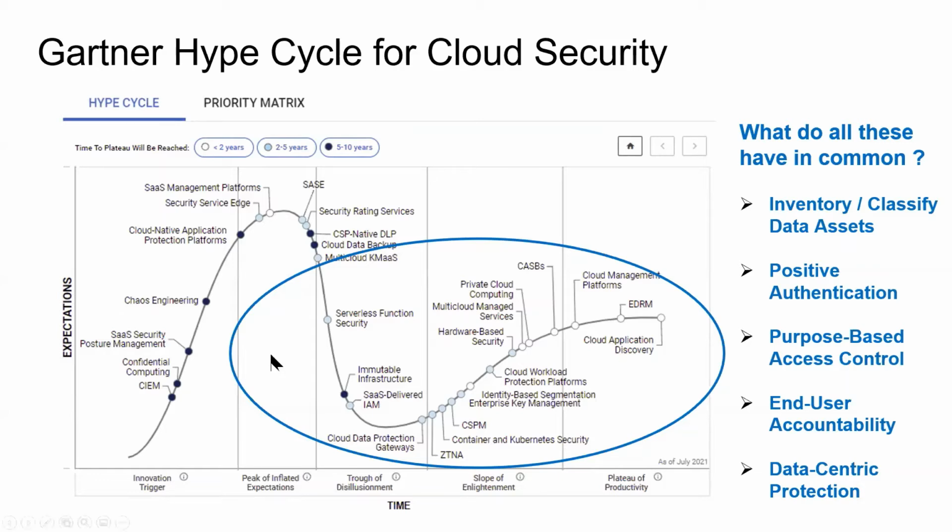You can really boil down all of these vendor products that are making it to prime time into: they're either detecting where your data is, classifying those information assets so you know what's the appropriate protection and where the really sensitive data is, and having positive authentication for anyone coming in, two-factor authentication instead of just single-factor password only, for example.